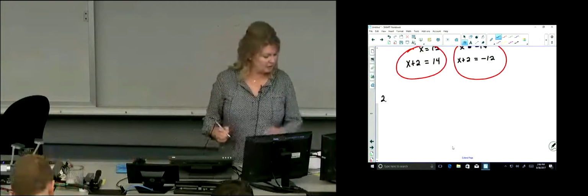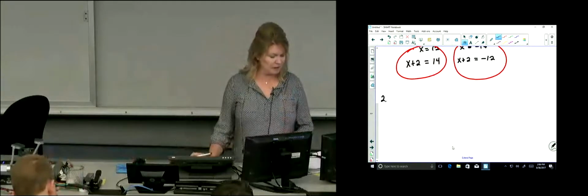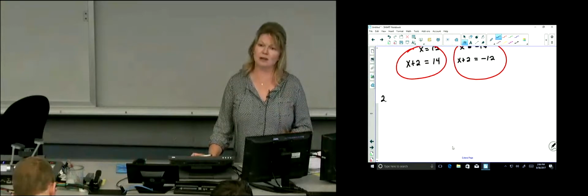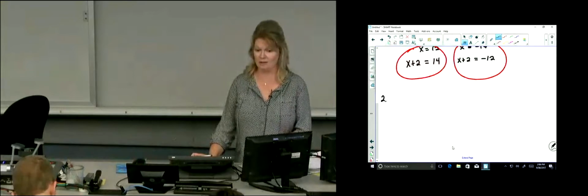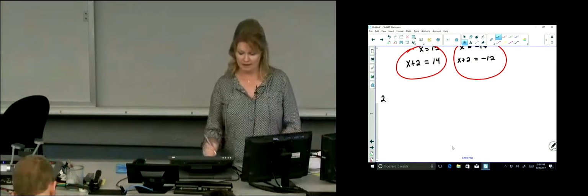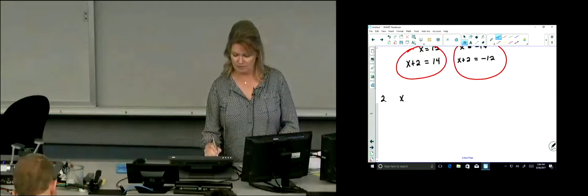With number 2, they say the difference of the squares of 2 positive consecutive odd integers is 32. So I need to make sure I can represent positive consecutive odd. So just start with letting x be the first.